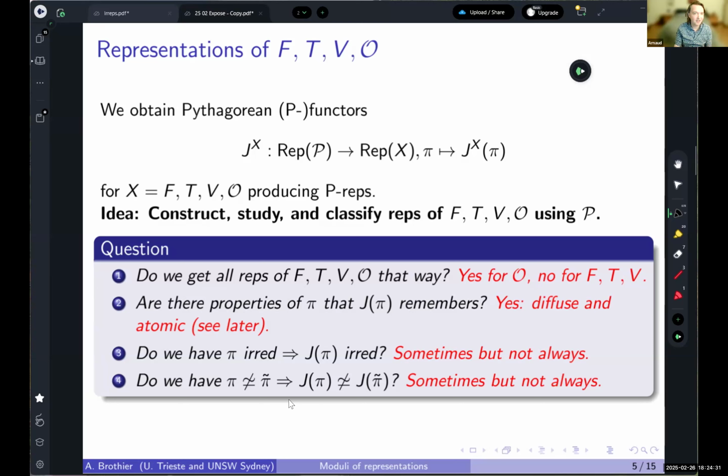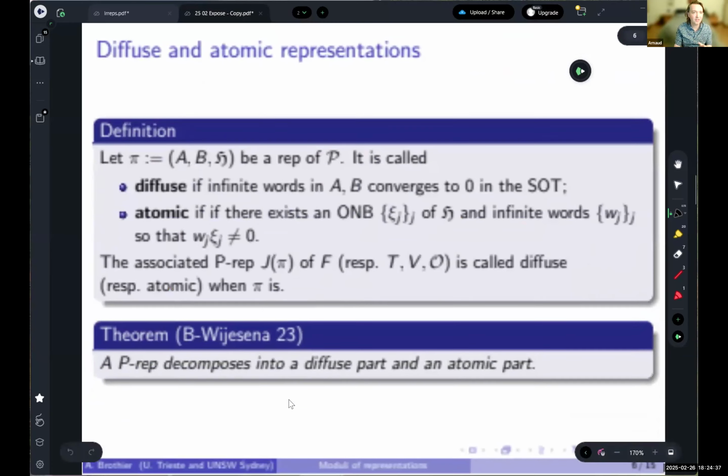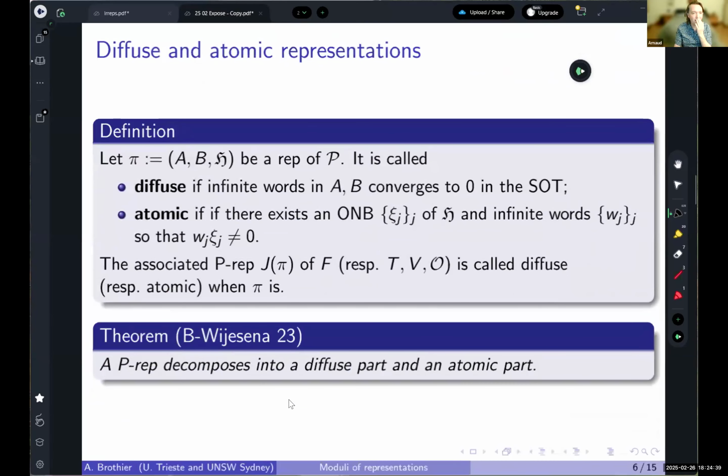Now I'm going to explain a bit better the sometimes. Okay, so I may pass over everything on diffuse and atomic. I just want to say that for these representations, the world is split into diffuse and atomic.